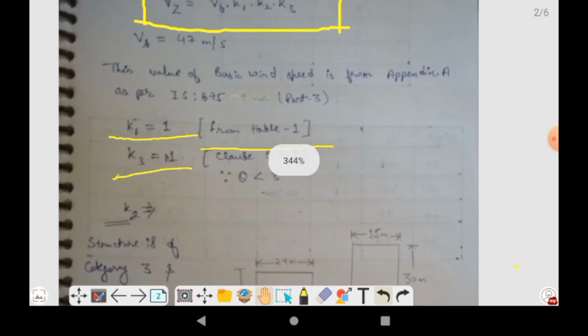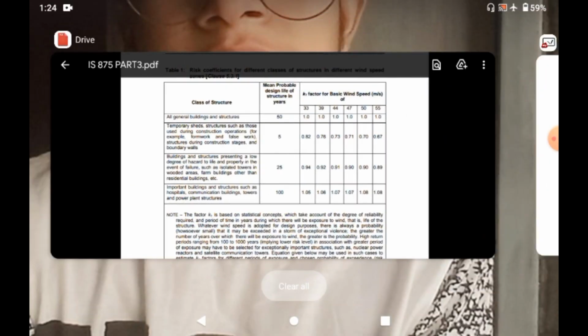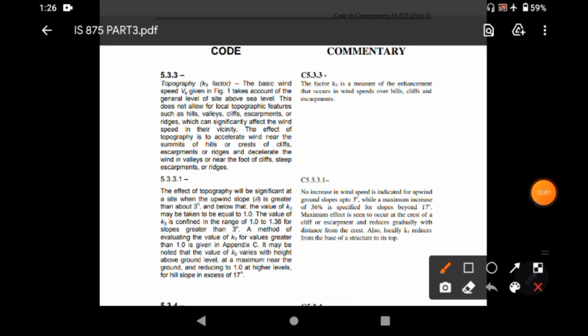The value of k3 I have taken is 1, and I have taken it from clause 5.3.3, theta is less than 3. As in the question it is given that theta is less than 3. So here in this code, as you can see, it is clearly mentioned that the effect of topography will be significant at a site when the upwind slope theta is greater than 3 degree, and below that the value of k3 may be taken to be equal to 1.